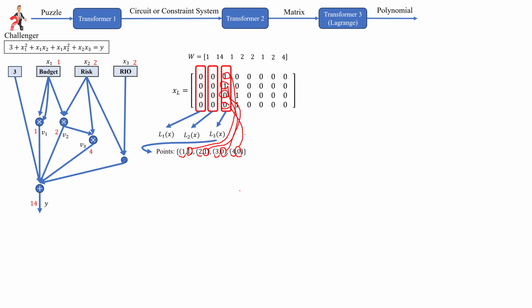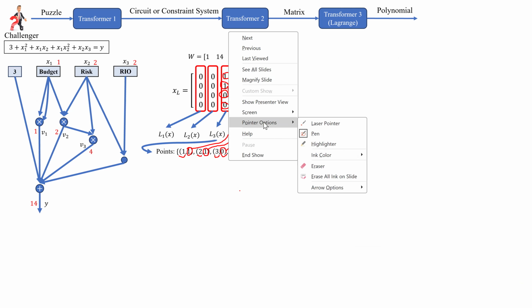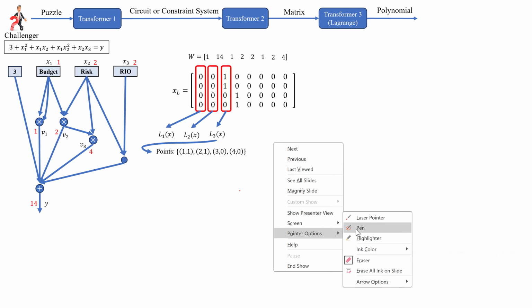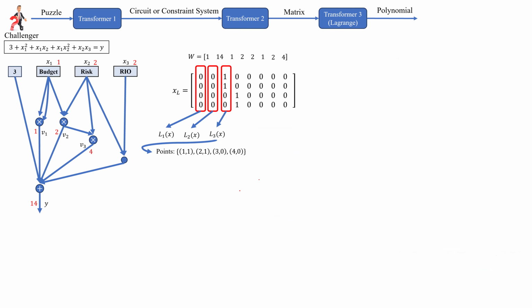Now we converted each column into a set of points, and since we have a set of points, we can convert the set of points into a polynomial, right? What is the polynomial related to this set of points? We already computed the polynomial related to this set of points.